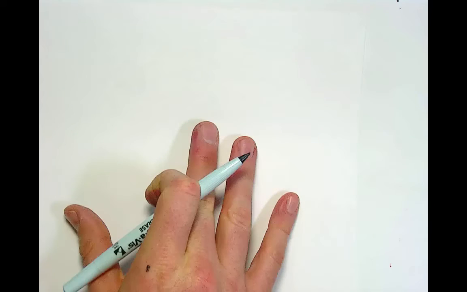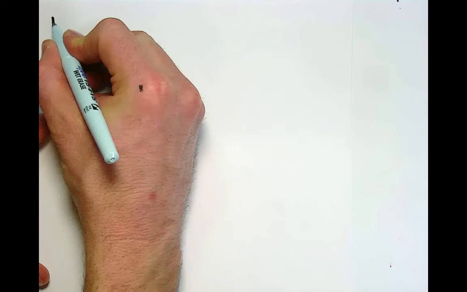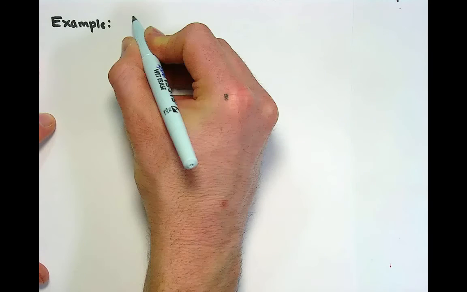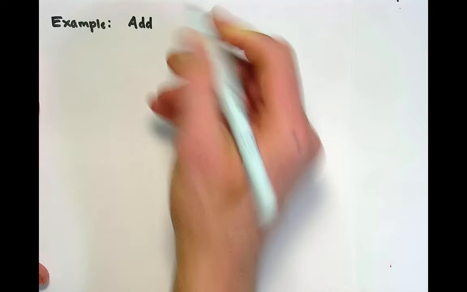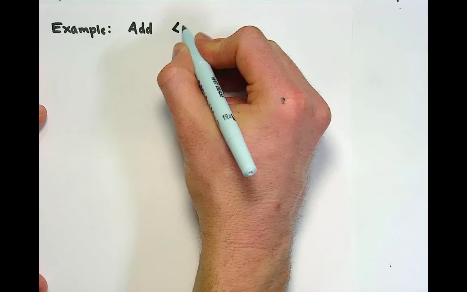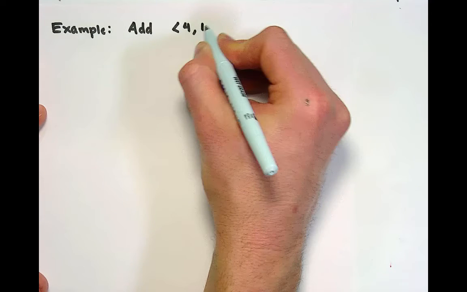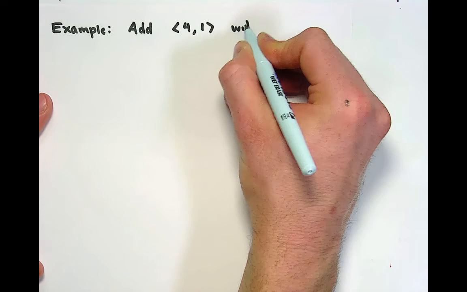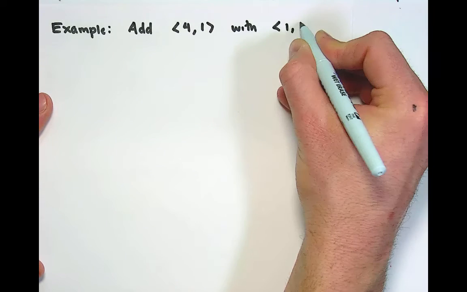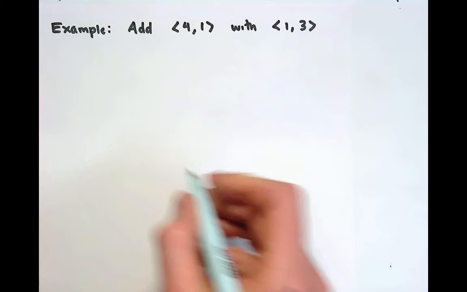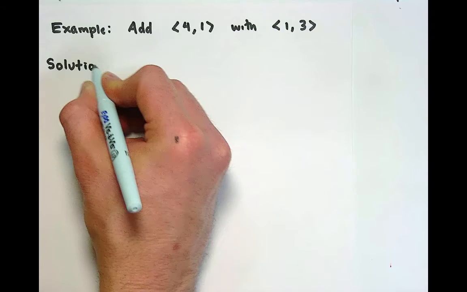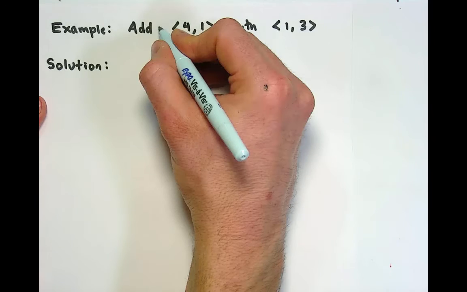Okay. Let's take a look at an example of how this might work. To do so, we're going to add 4, 1 with 1, 3. All right? So the solution to this, quite simple.